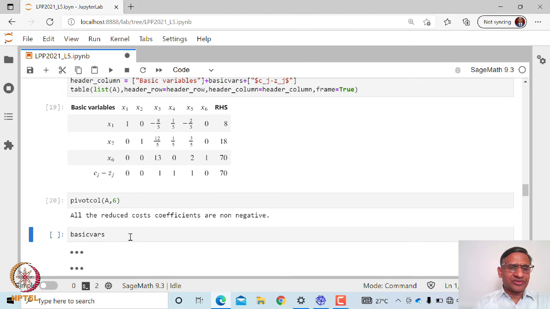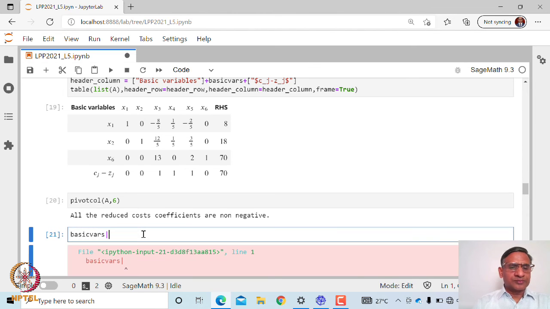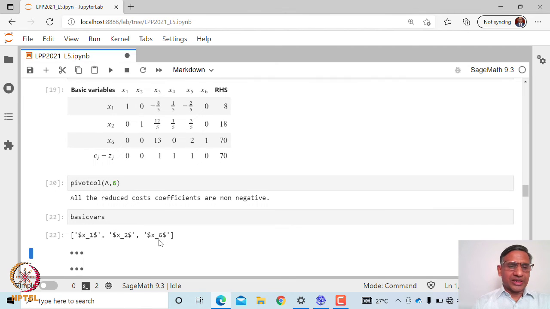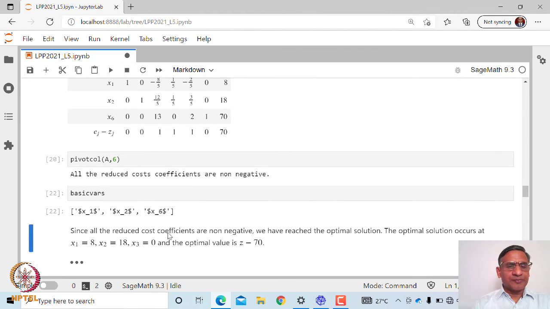And as I said, in this case, what are the basic variables now? The basic variables are x1, x2, x6, and here I have just written the solution, because all these reduced cost coefficients are non-negative.